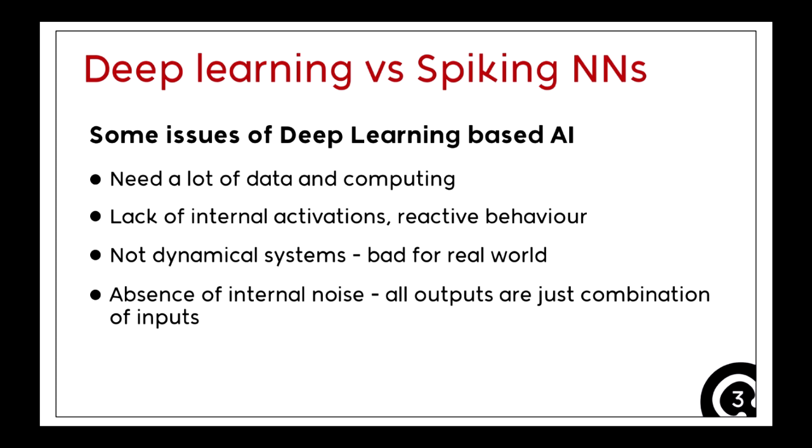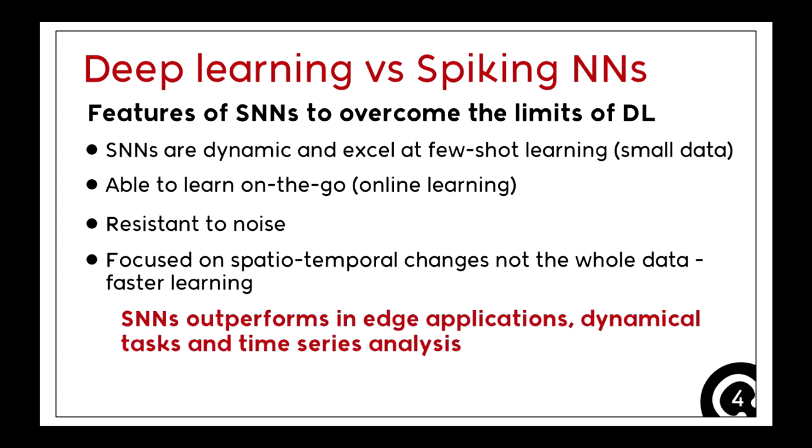So most deep learning models are kind of frozen at inference time, and this is not very good in an ever-changing environment. Yeah, so spiking neural networks can help us to overcome these limits of deep learning.